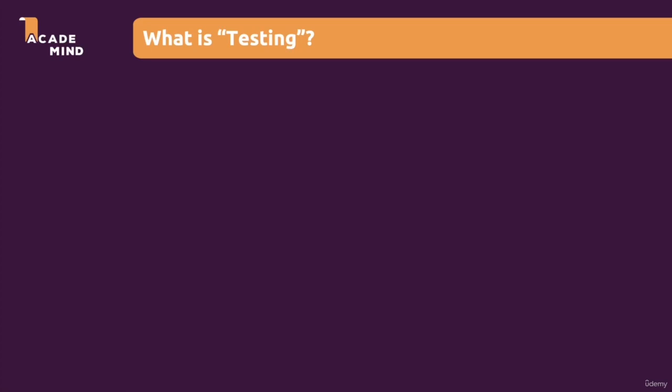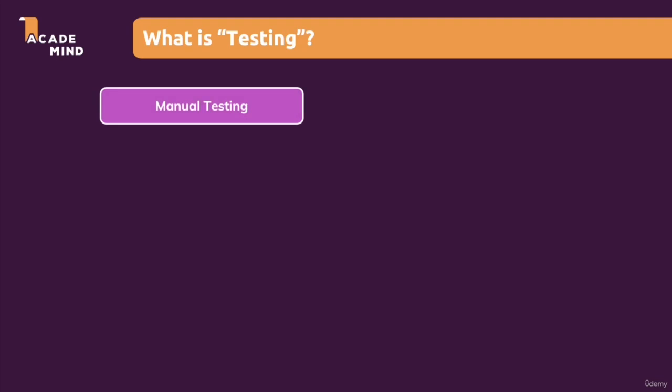So before we get started writing any code, what actually is testing? Well, we did test a lot in this course already. We did a lot of manual testing. So that means that we as a developer write some code to implement a certain feature or fix a certain issue.